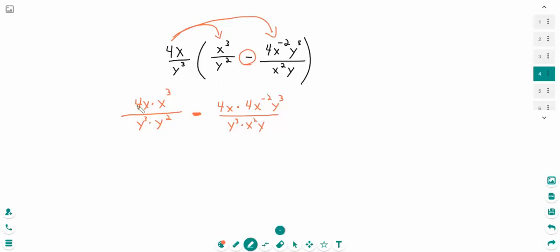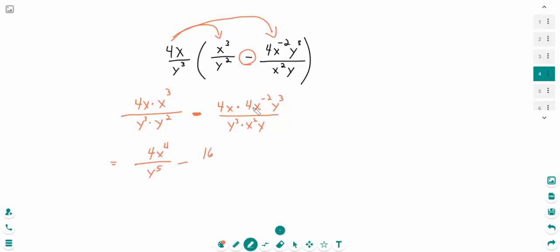We have 4x times x to the third. Well, that's going to give me 4x to the fourth, right? We add the exponents. In the denominator, we end up with y to the fifth. And then over here we have 4x. Well, let's multiply our coefficients. 4 times 4 is 16.